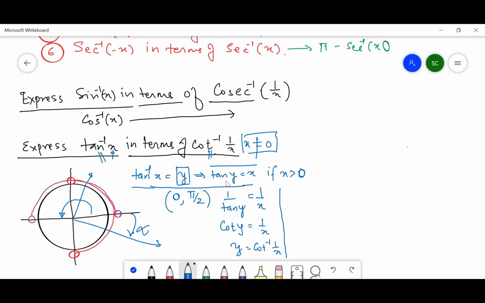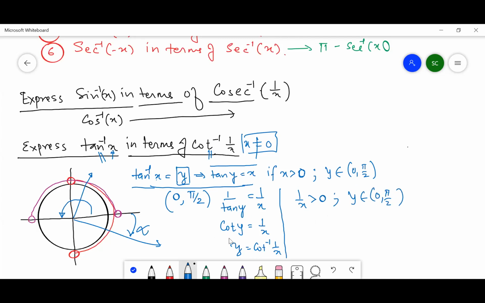So if x is greater than 0, then y belongs to 0 to pi by 2. If x is greater than 0, 1 upon x will be greater than 0, and y will continue to remain between 0 to pi by 2.